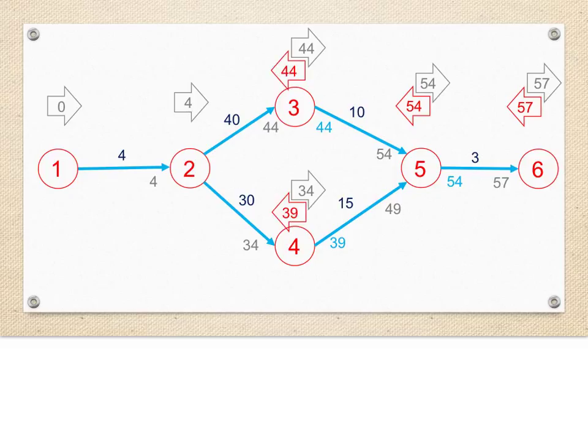These values then become the latest finish times of their preceding events. Again, we subtract the durations from the latest finish times so that we get a latest start time of task 2-3 of 4 days and a latest start time of task 2-4 of 9 days.